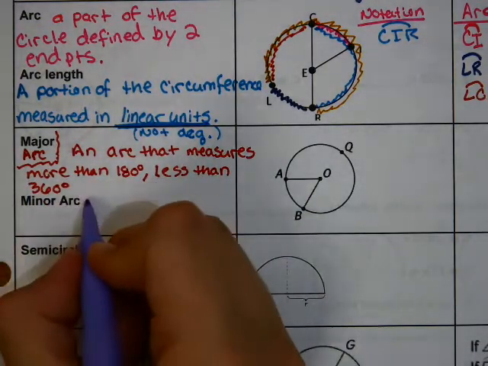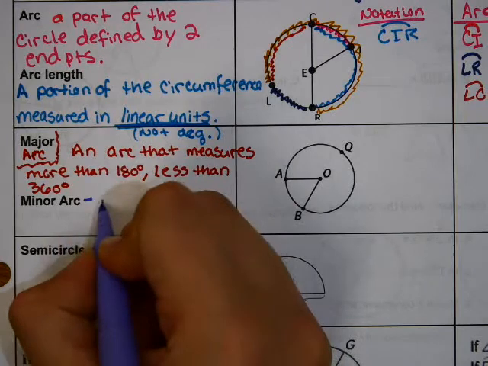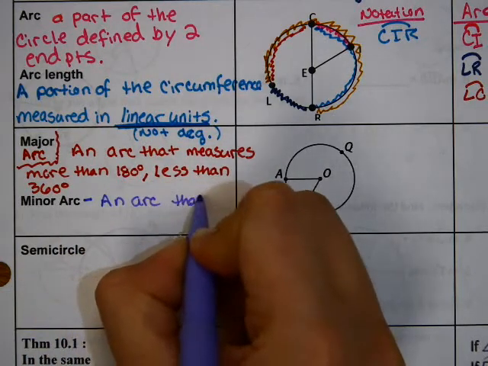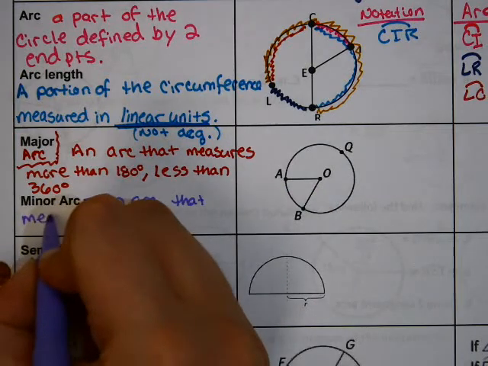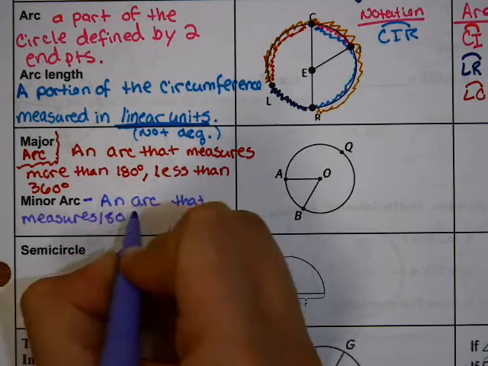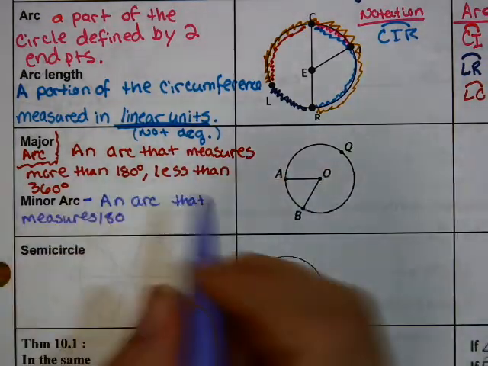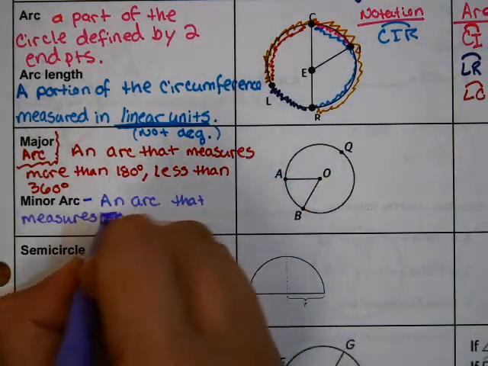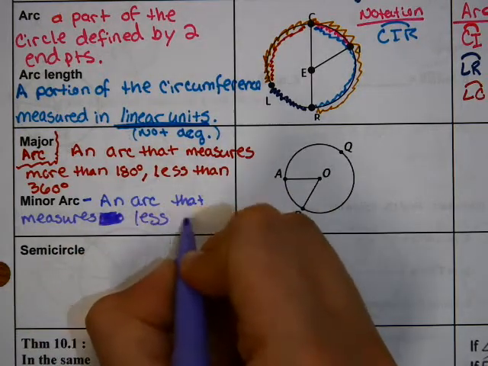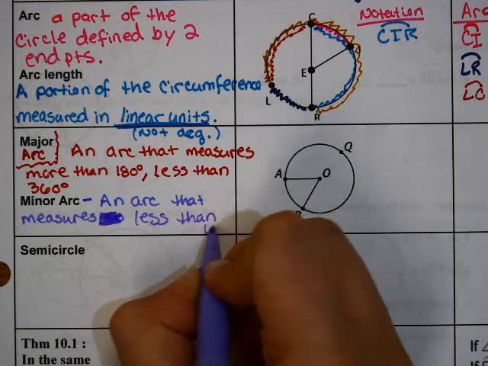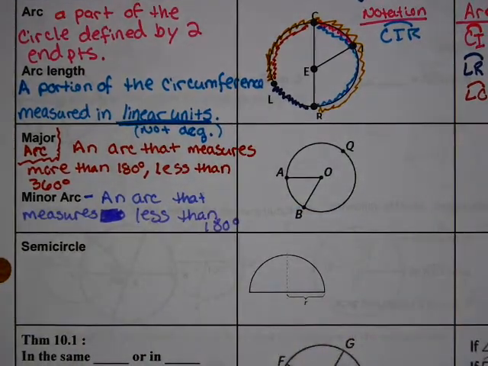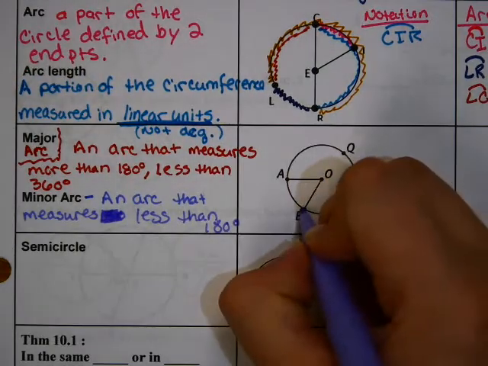Okay. A minor arc is an arc that measures less than 180 degrees. So in this picture, a minor arc would be AB.